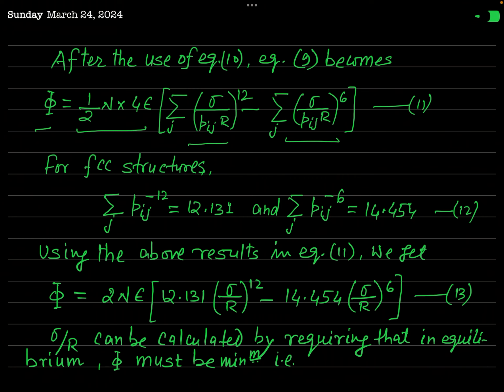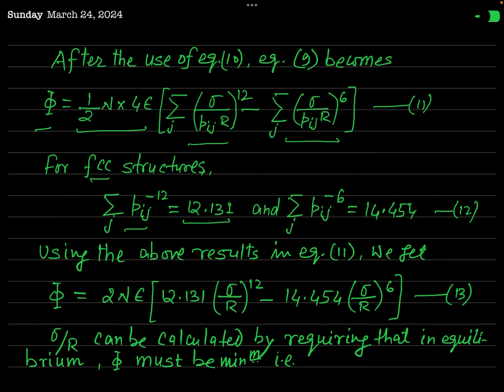Actually, it is found from experiment that for FCC structures, the summation over j of p ij to the power minus 12, which is present in the first term inside the square bracket, is equal to 12.131. You must remember it for writing this answer in your examination.